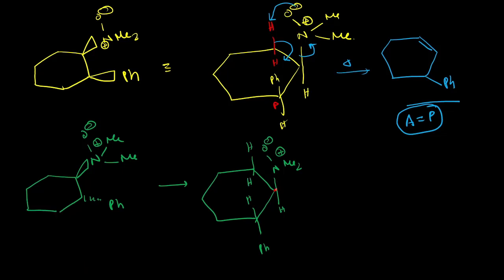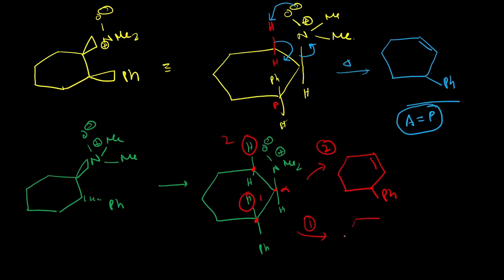This is the alpha position, and we have two beta positions, one beta and another beta. In both beta positions we have syn hydrogen present, so we can have two products here. But what is the major product? If we tag this hydrogen as 1 and this hydrogen as 2, and remove from position 2, we will end up with this kind of product, and if we remove from 1, the product will look like this.